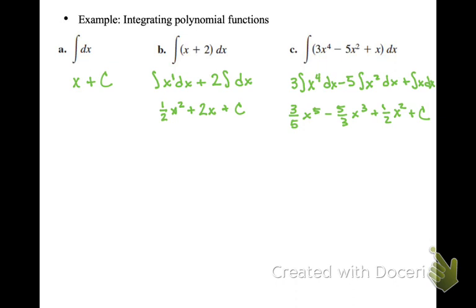The screen's really small. Good? Mm-hmm. Okay.